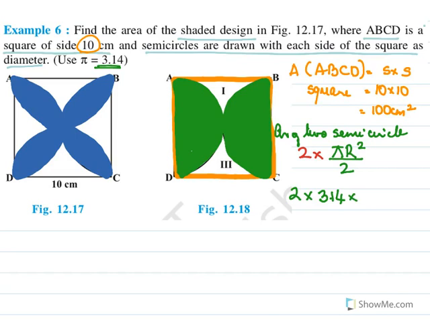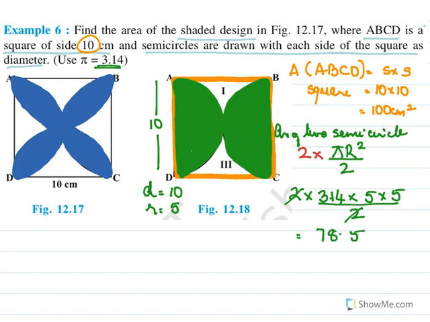Now for the r, this is given as 10. So the diameter is 10, and you'll definitely agree the radius must be 5. So this is 5 into 5 over 2. So I cancel this out. So I get 5 into 5, and this is 78.5.